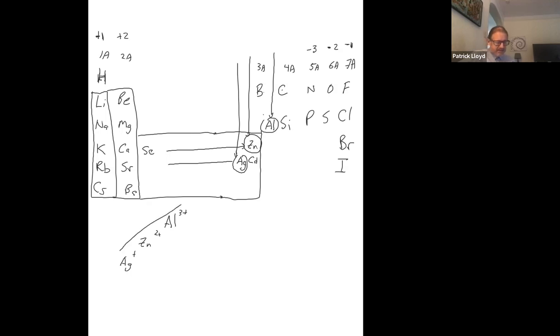There's like a little pattern there. And the charges, look how the charges go, 3, 2, 1. Okay. So group 7A, -1, 6A, -2, 5A, -3. The 3 elements there in the middle, aluminum, zinc, and silver, +3, +2, +1. And then group 1A +1 and group 2A +2.